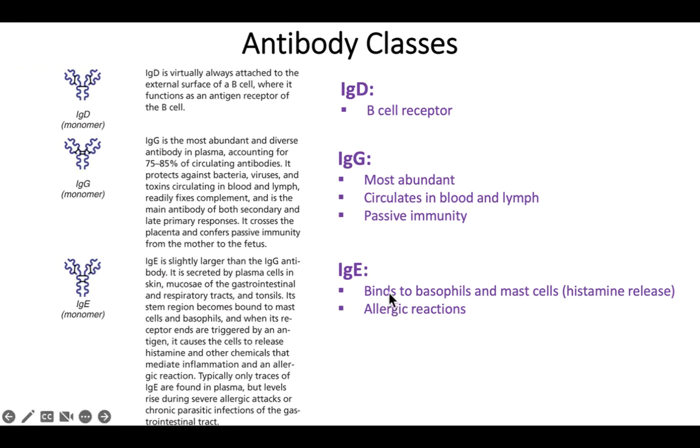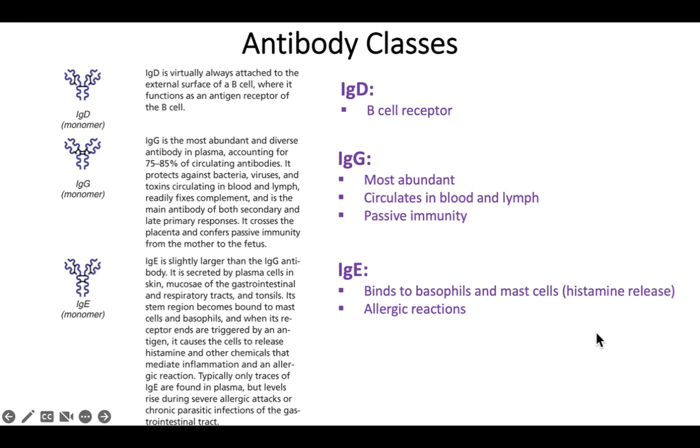Then the last class is IgE antibodies. These guys are involved in allergic reactions. They cause basophils and mast cells to release histamine. So if you have an allergy or someone else you know has an allergy, the allergen gets bound to the IgEs, and then this triggers histamine release.